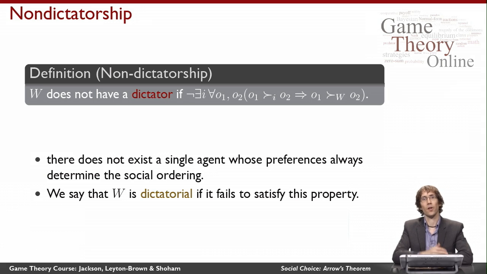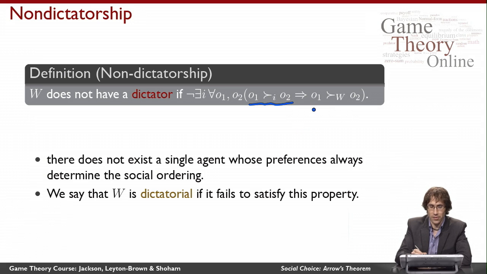Finally, I'll define non-dictatorship as follows. I'll say that a social welfare function does not have a dictator if there does not exist some agent I for whom the following property is true. For all outcomes O1 and O2, if agent I likes O1 better than O2, then it must be that the social welfare function also likes O1 better than O2.